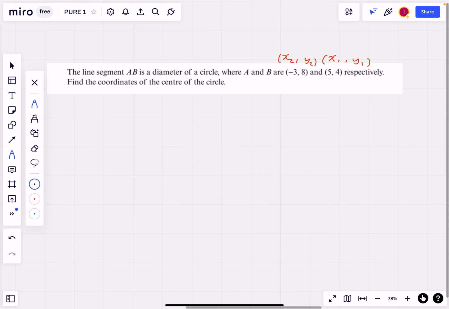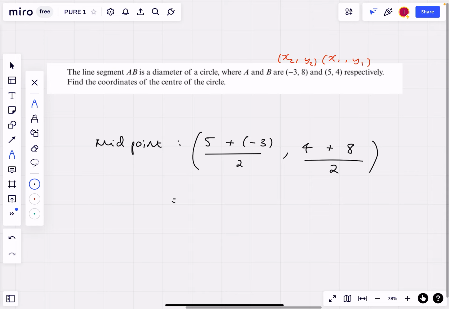So using the midpoint equation, I'm going to do x1 plus x2 divided by 2. So midpoint, x1, 5, plus x2 divided by 2. That's my x coordinate. And then y1 plus y2 divided by 2.